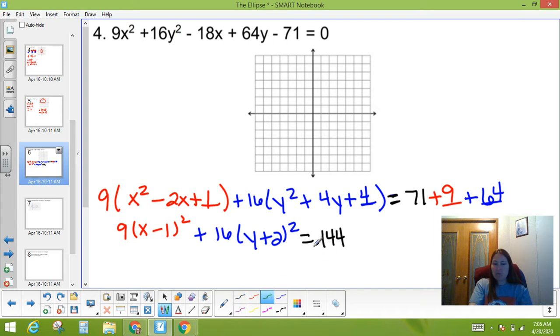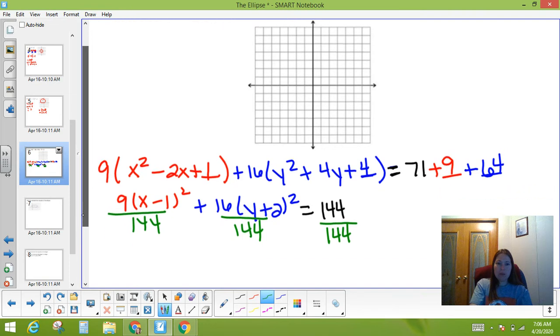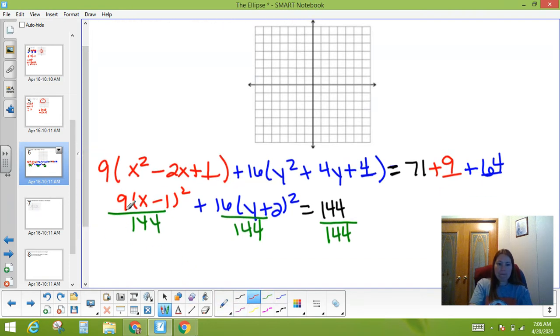All right, so for it to be the standard form of an ellipse, you have to be equal to 1. So we're going to divide through by that 144. And we are going to get, all right, so these reduce to 1/16 because 9 times 16 is 144.